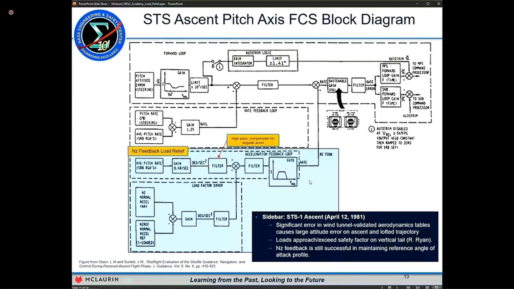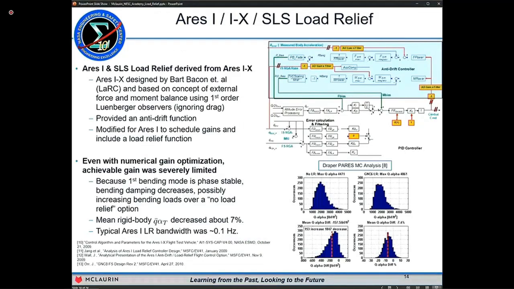So we'll look very, very quickly here at Ares 1, Ares 1X, and SLS. A little bit more complicated approach. This was a design using a little bit different paradigm, but ultimately analytically can be reduced to the same type of feedback formulation. Designed by Bart Bacon and his team at Langley going into the Ares 1X program.